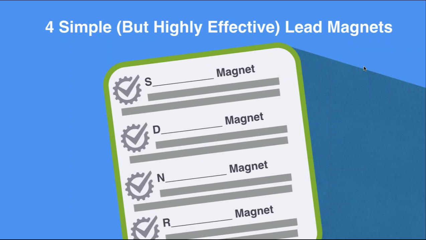Is the nurture sequence different for each magnet? Gillian, that's a great question. Here's what I tend to do. I tend to have a different nurture sequence for each magnet, but it's very brief. And then I move them to my general list for that particular niche, because I like to move them through a sequence and then they enter the general population.